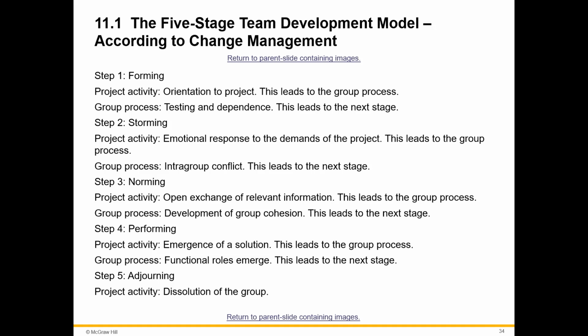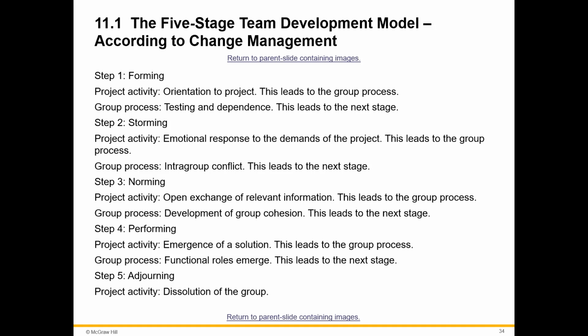And this leads to a group process to get us to the final stage, where functional roles emerge so that we know who's the leader, who is backing up the leader, and who's following the lead. Hopefully that takes us to the next stage where we finish the project, we adjourn it, we complete it, and all good things must come to an end, and we dissolve the group.